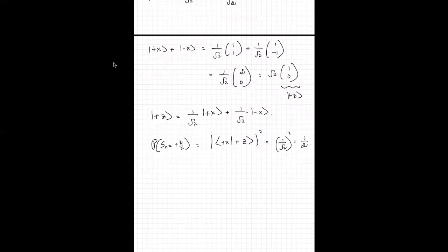Similarly, the probability of getting Sx equals minus h bar over 2 is the overlap of the minus x state on the plus z state, whole square, which is also 1 over root 2 squared, which is 1/2. So even before the experiment, I know that the results of this measurement would be two eigenvalues, one with a probability of 50%, the other with a probability of 50%.